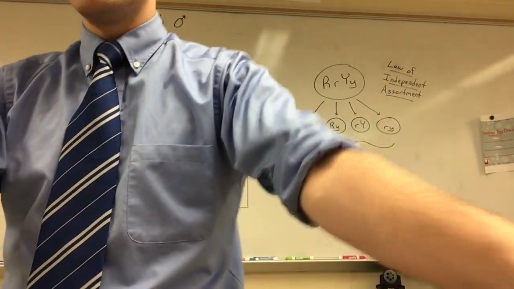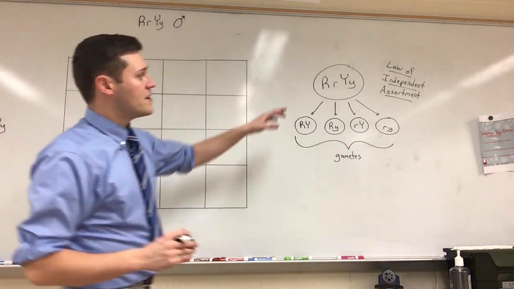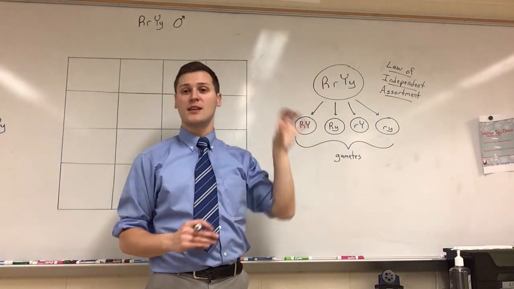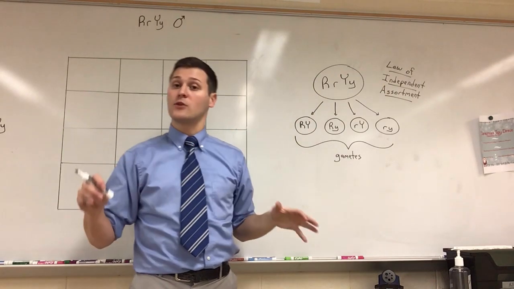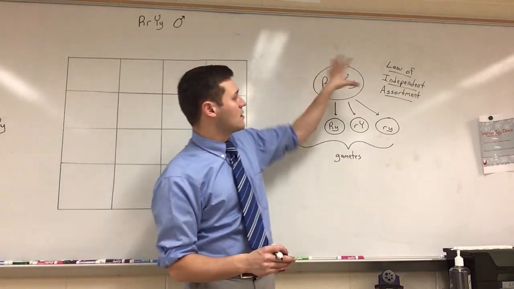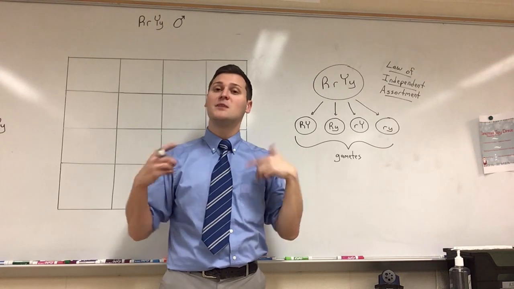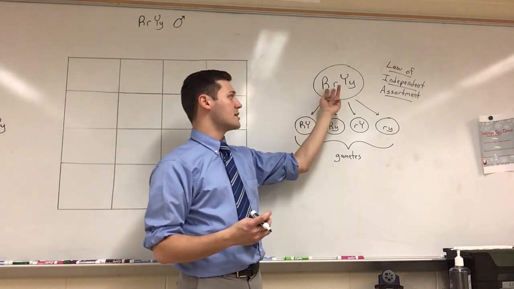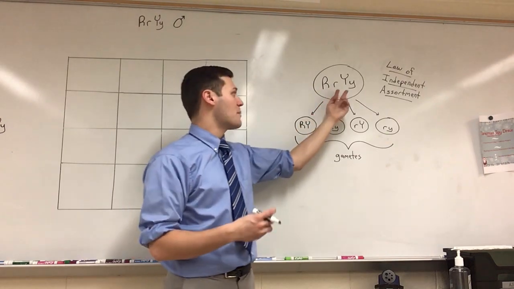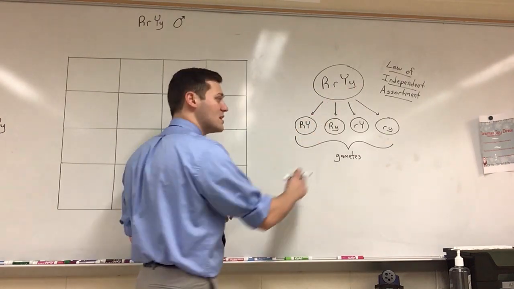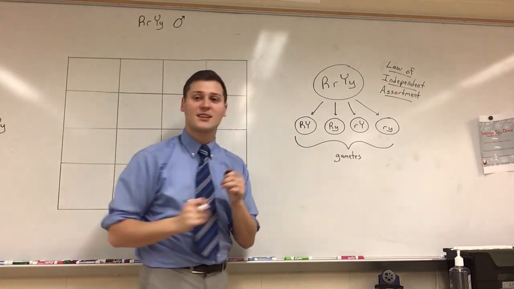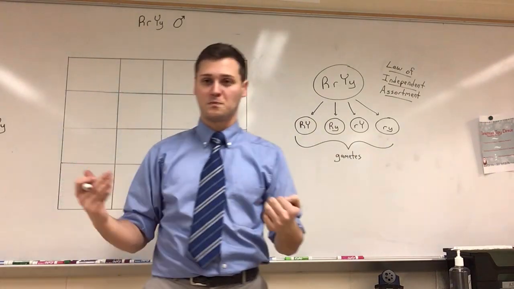If you recall, the law of independent assortment states that if you have two different genes, and they're on two different chromosomes, those alleles will segregate independently of each other. So the separation of the R alleles is not going to affect the separation of the Y alleles. So all of these combinations of alleles in the gametes and the sex cells are all equally likely.